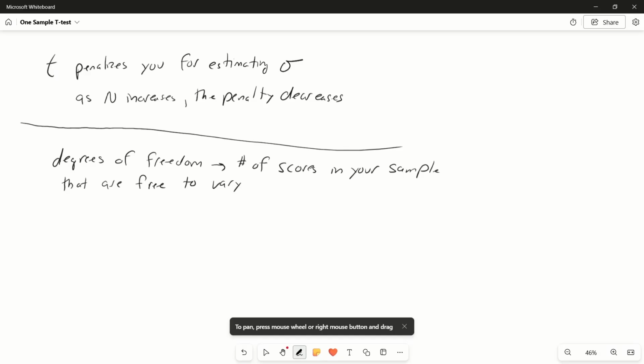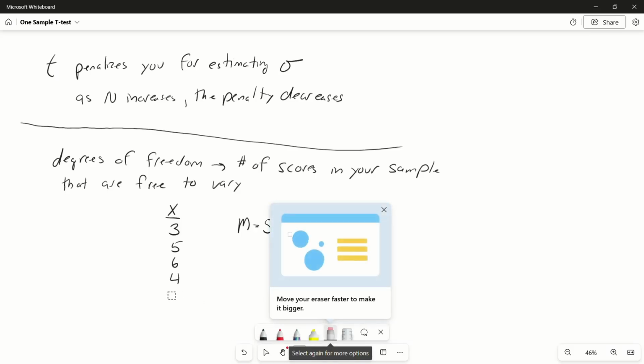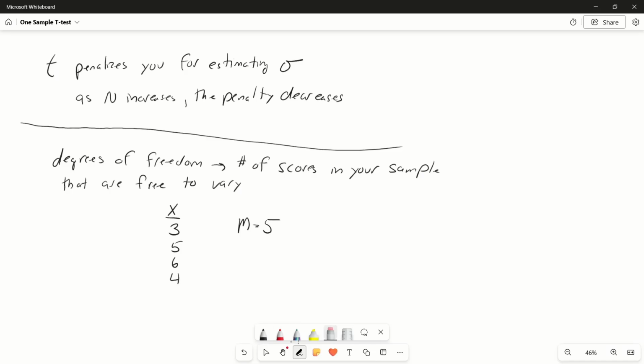For example, if you got these scores for your X: 3, 5, 6, 4, and you know that the mean is equal to 5, and you have one more value here that we don't know, what is this value going to be?